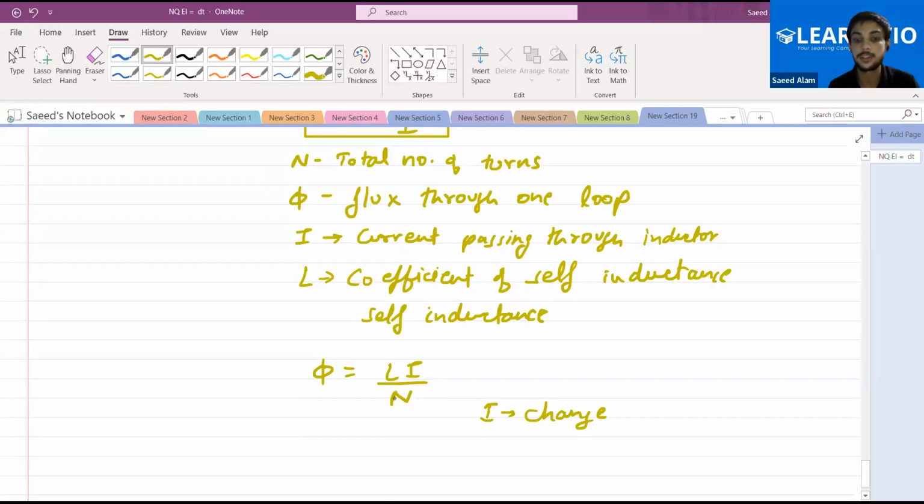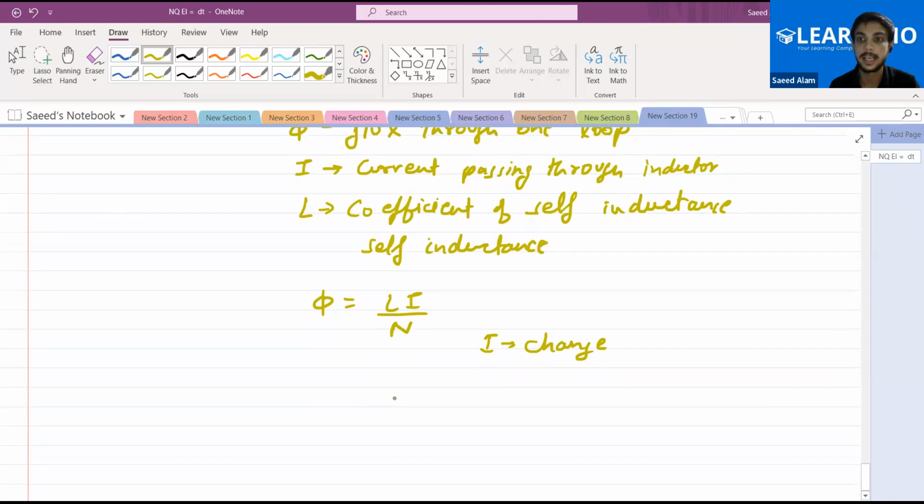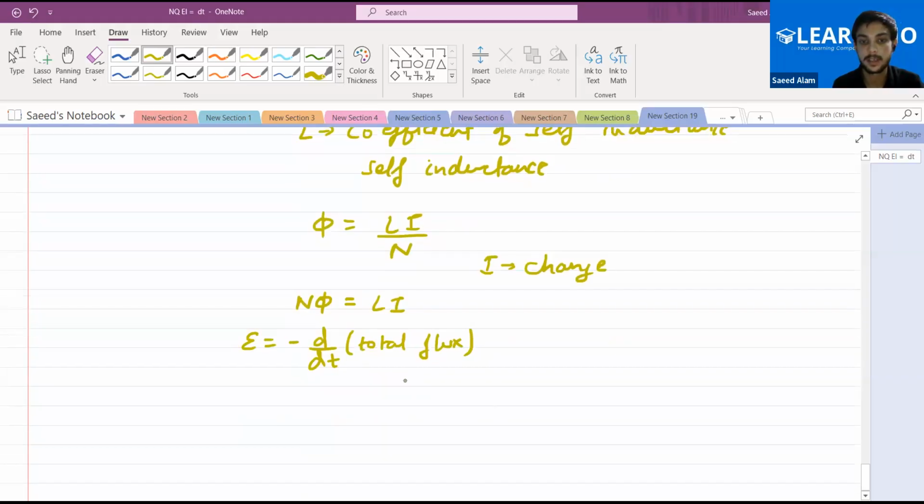If the flux changes, do you agree that the EMF will be induced? So how will you get that induced EMF? The total flux, N phi, is L into I. To get the total EMF, I need N times d phi by dt, the derivative of the total flux. Yes or no?